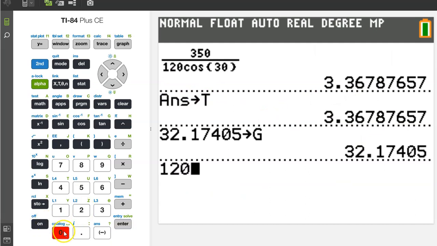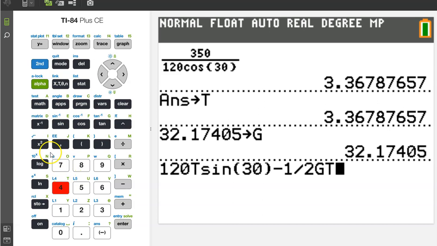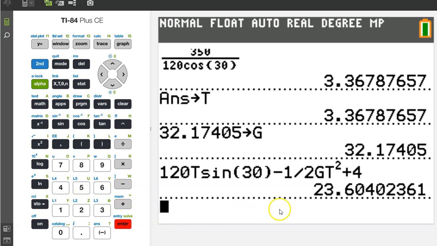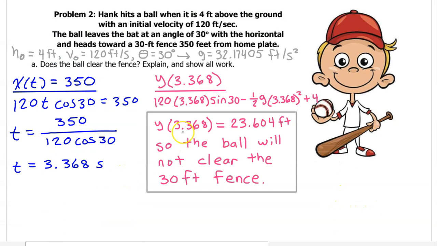So that's 120 t sine 30 minus 1/2 g t squared plus 4, which is 23.604. Y at 3.368 is 23.604 feet, so the ball will not clear the 30-foot fence.